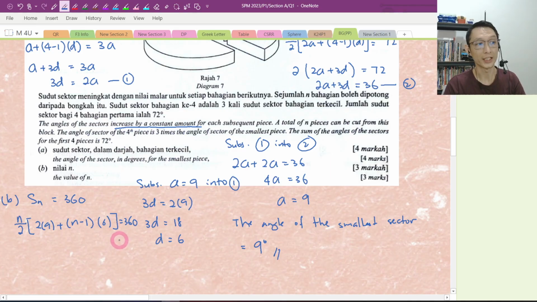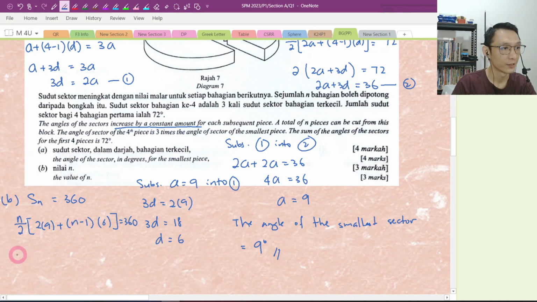Now what do we need to do? We just need to find the value of n. So this n is divided by 2, right? I'm going to move it over here, it becomes times 2. So 360 times 2, you will get 720. So here you will get 2 times 9, which is 18, plus 6n minus 6.